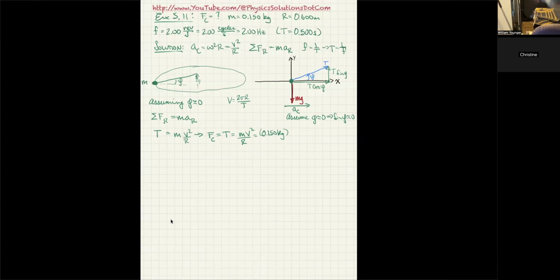Yeah, I think I should try omega squared. Well, never mind. I showed you omega squared r a second ago, so I'll just use this one instead.